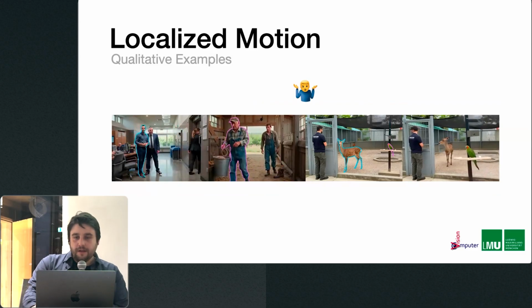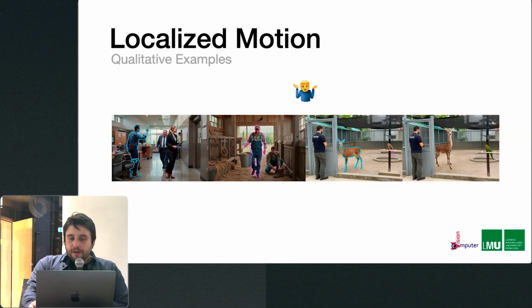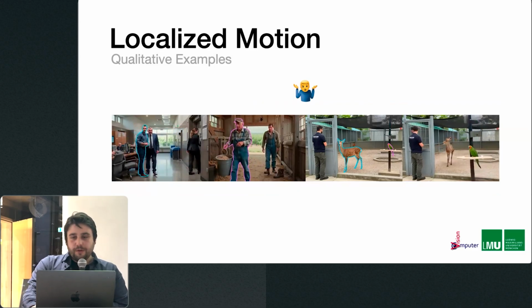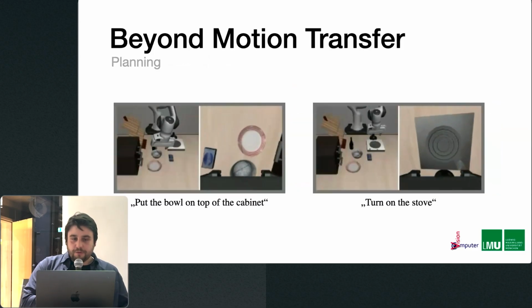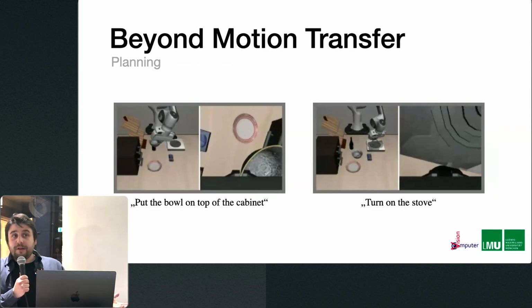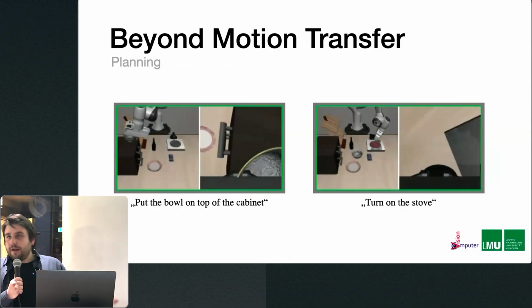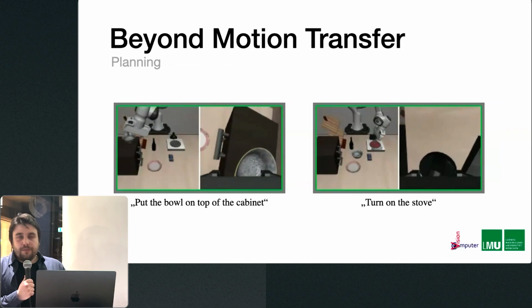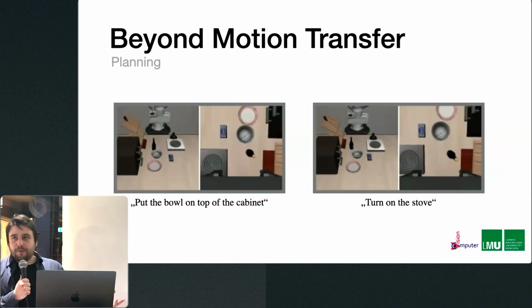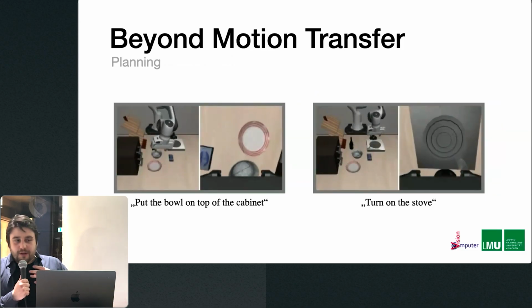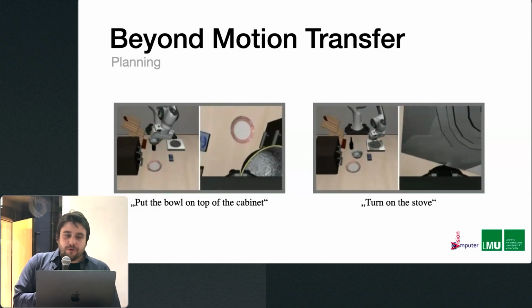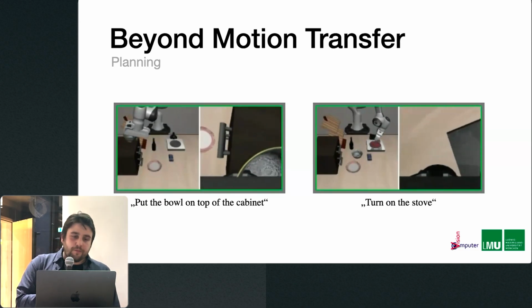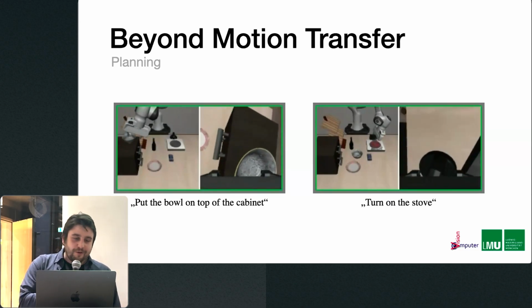And finally, another possible task beyond motion transfer is that this motion space that we now learned could actually be useful for planning, maybe for robotic planning. I'm not a robotics guy, so I'm not sure if this is groundbreaking or not.